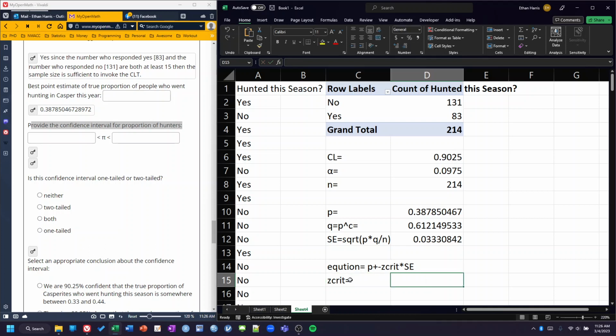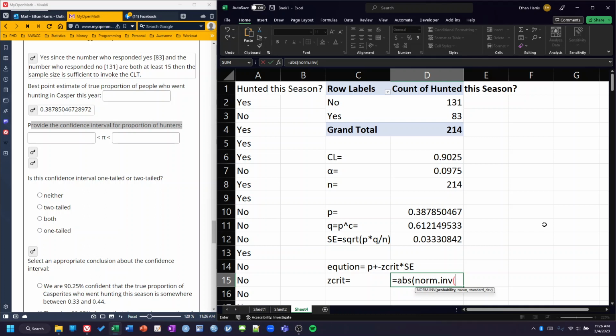Okay, here's how we do our z crit. Here's our equation. It's going to be equals the absolute value of norm dot inverse. Remember, a z distribution is a normal distribution, so that's why Excel is using the shorthand of norm dot inverse. Parentheses. The thing we need now is our alpha value.